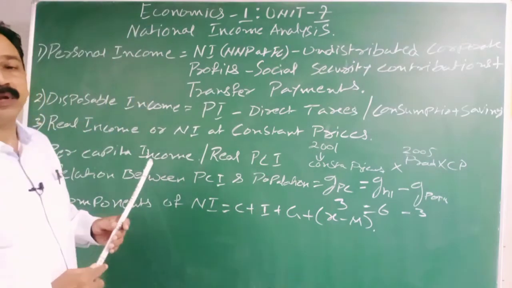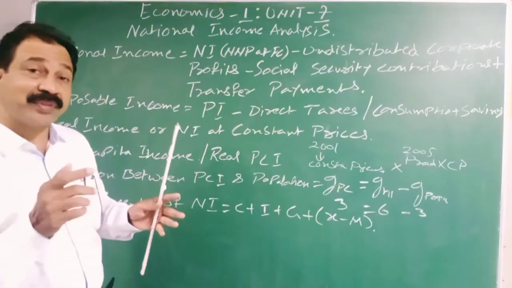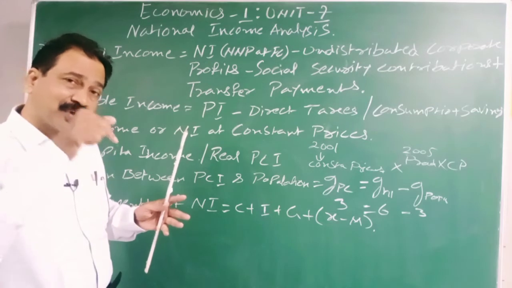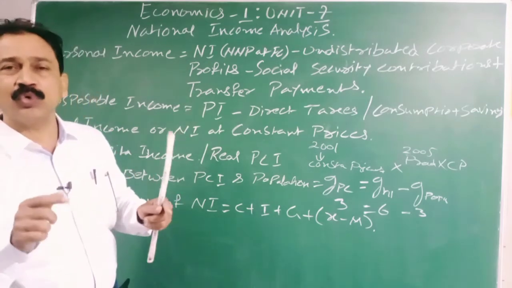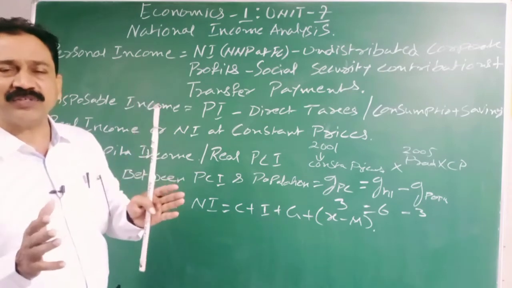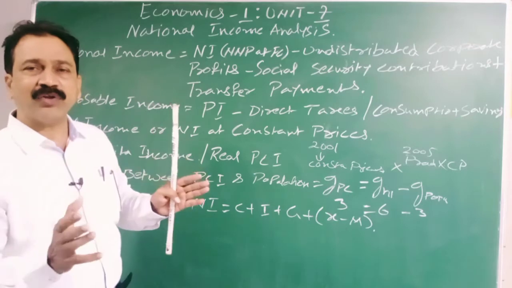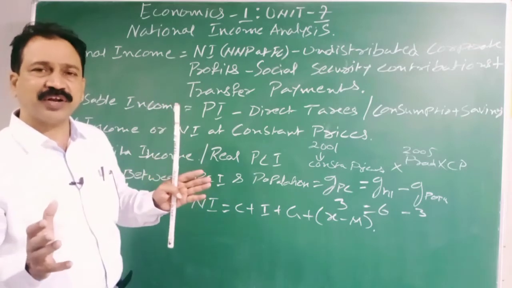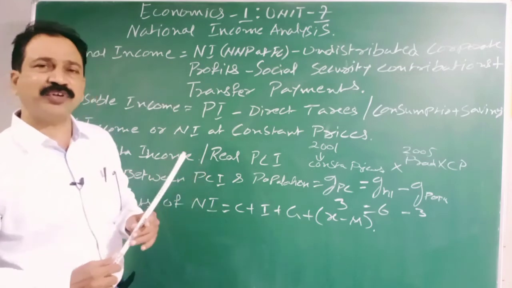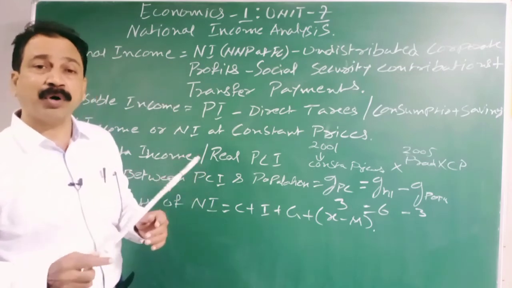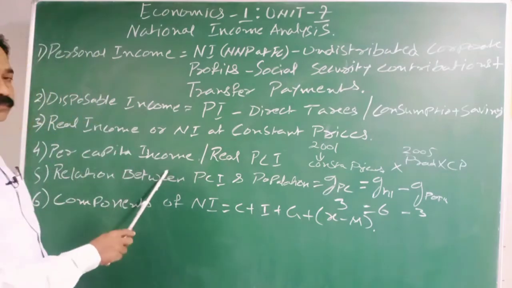For example, this year 2020, whatever is national income in market prices of current prices, we calculate the total value of commodities produced in the country at 2020 prices. That is, let us call it national income of 2020 divided by population of 2020. Then we will get per capita income.